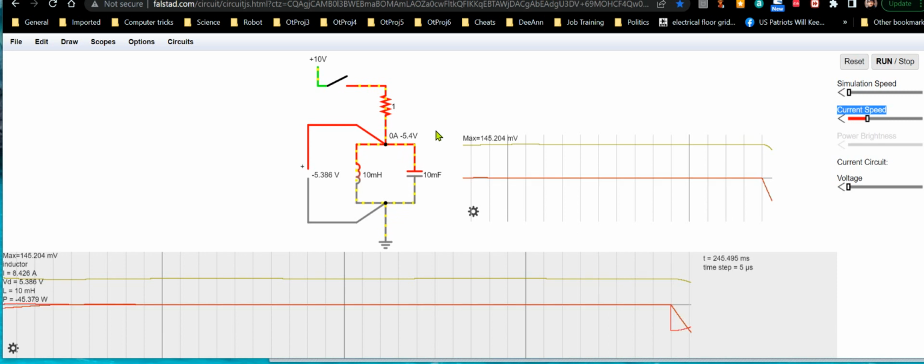But right now, the overall voltage across the system is going more and more negative because the capacitor is charging. The capacitor is not getting its charge from the voltage source, but exclusively from the inductor.